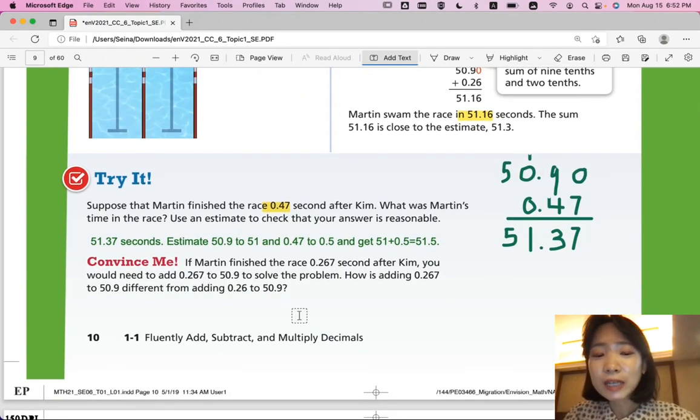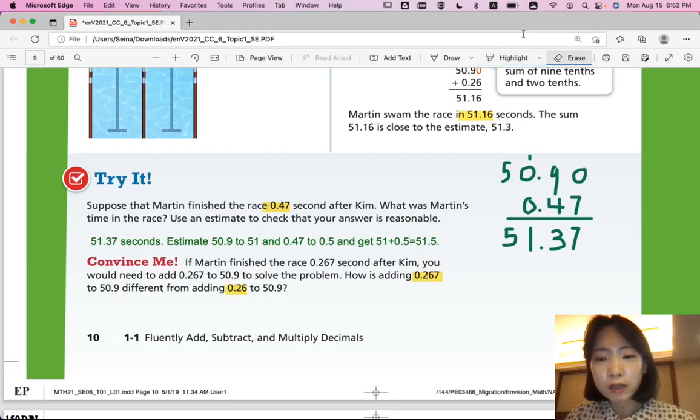Convince me. If Martin finished the race 0.267 seconds after Kim, you would need to add 0.267 to 50.9 to solve the problem, right? Yeah. How is adding 0.267 to 50.9 different from adding 0.26 to 50.9? Obviously, you're adding different numbers, right? Is 0.267 the same as 0.26?